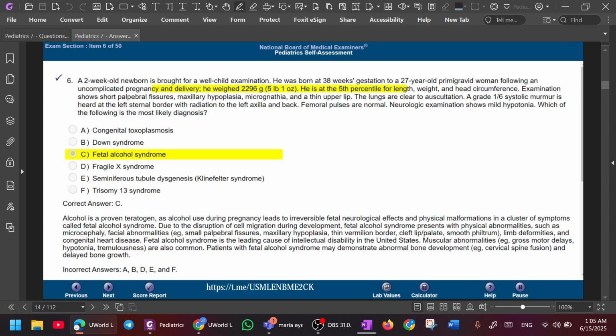It's not seminiferous tubule dysgenesis. Klinefelter is caused by an XXY karyotype, which causes dysgenesis of the seminiferous tubules and testicular atrophy leading to decreased spermatogenesis. Dysmorphic body features include eunuchoid body shape, I'm guessing like a female body shape, long extremities, and gynecomastia. This patient does not demonstrate dysmorphic features consistent with that.